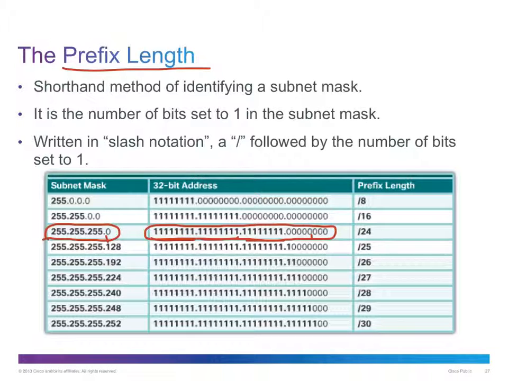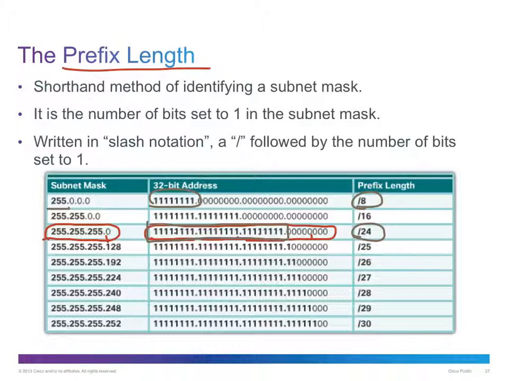We have here then 24 prefix bits, right? 8, 8, 8, we have 24, so you can use the /24 to represent that. Here we only have 8 prefix bits, it'd be a /8, the 255.